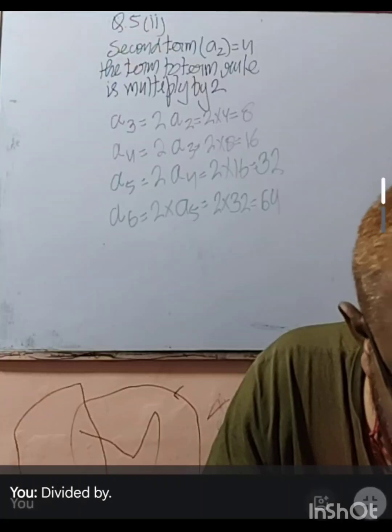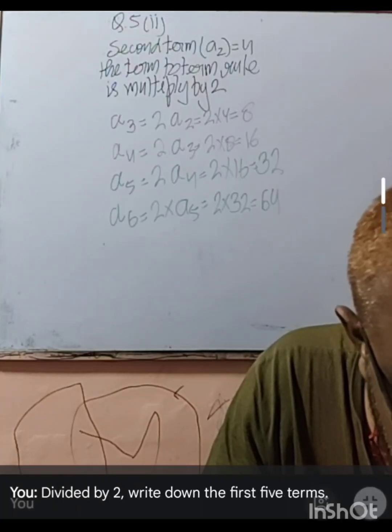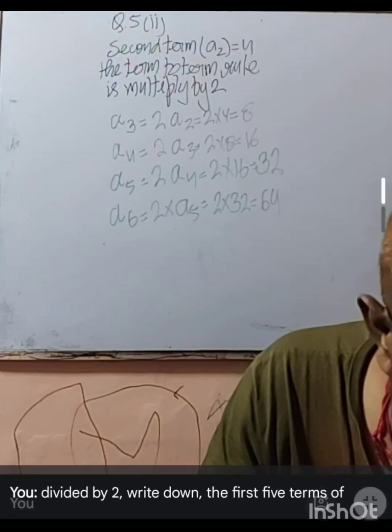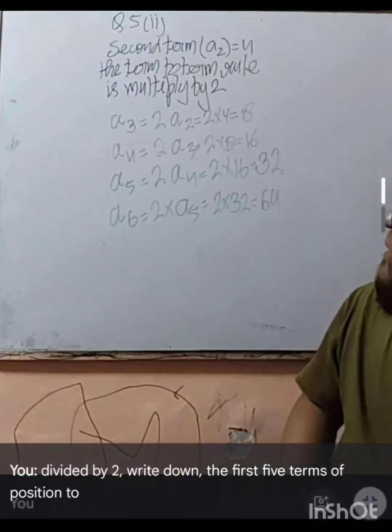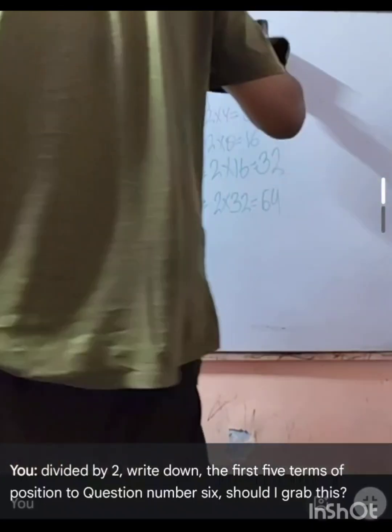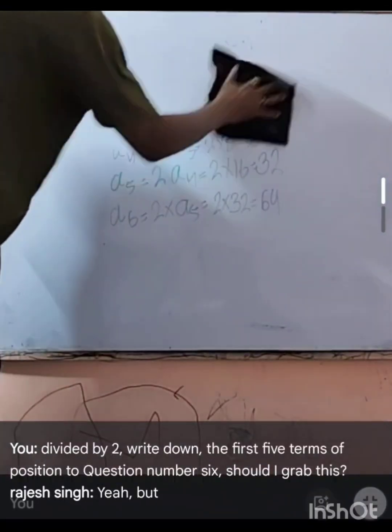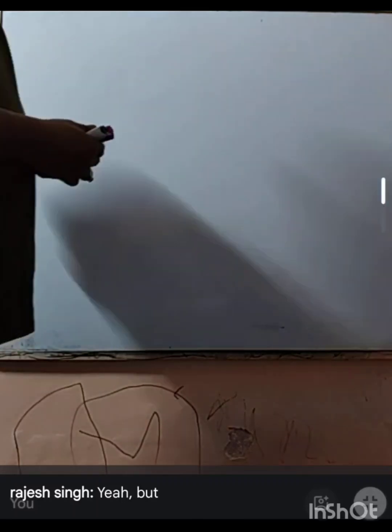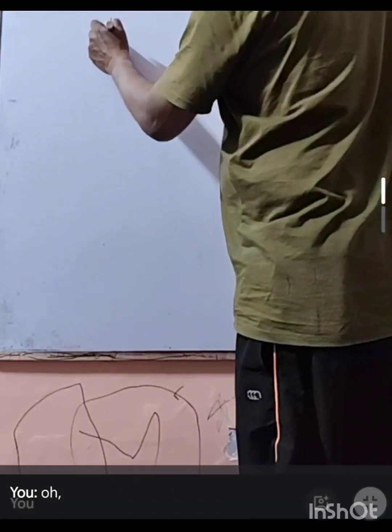Write down the first 5 terms of position to term. Question number 6. Should I rub this? Yeah, you can rub it. So, question number 6.